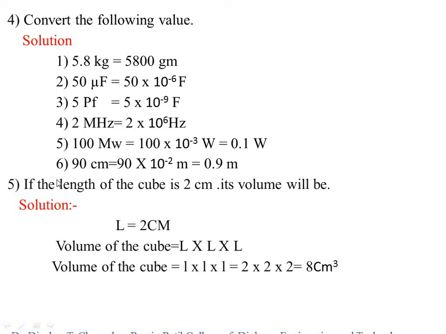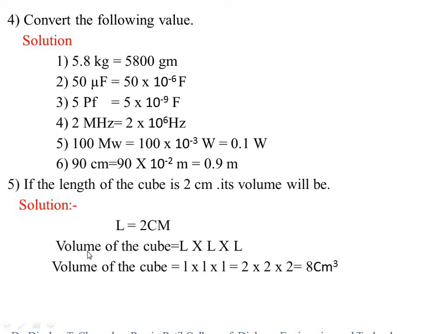Then the next problem: if the length of the cube is 2 centimeter, its volume will be? In this problem, the length of the cube is given, that is 2 centimeter.